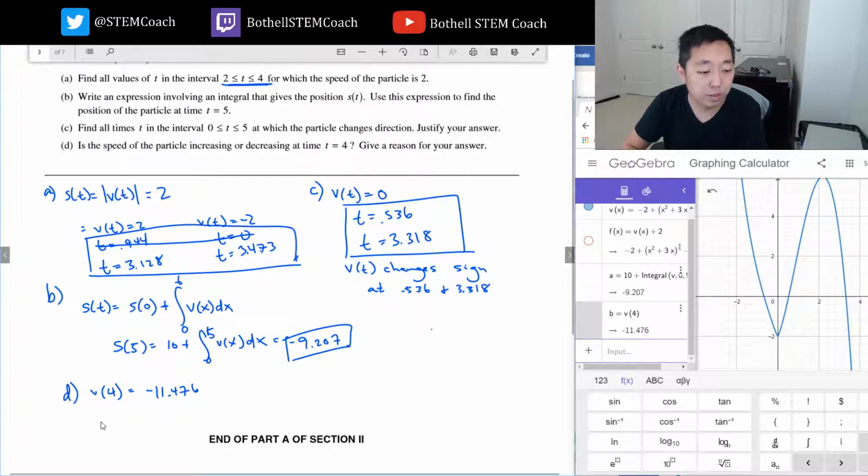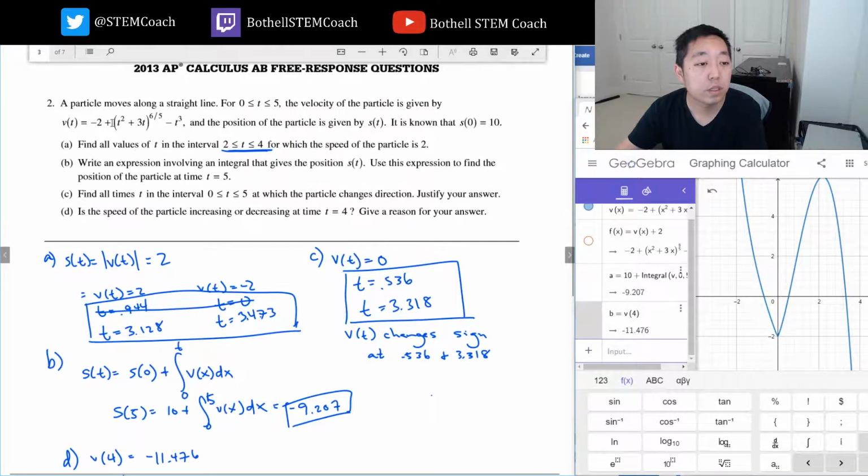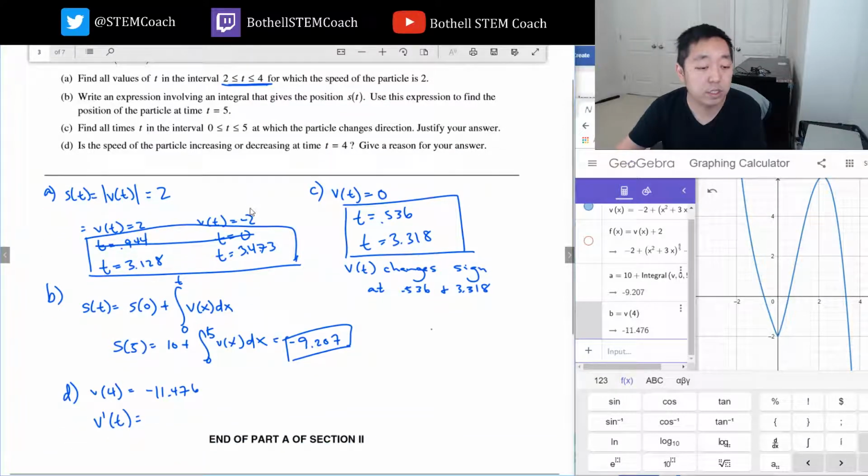So the derivative of its velocity, it's 6/5 times t cubed minus 3t, and I subtract 1, that makes it 1/5. And I'm going to take the derivative of the inside, which is 3t squared minus 3.